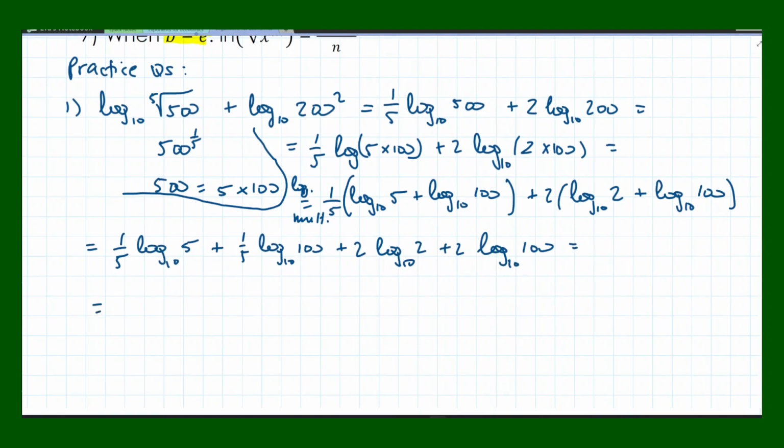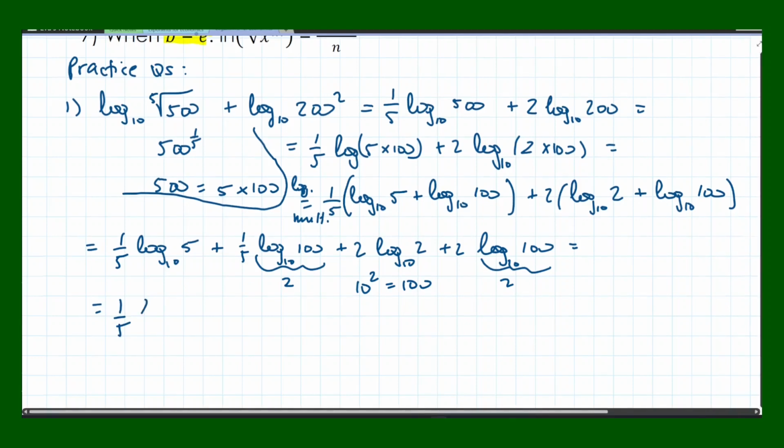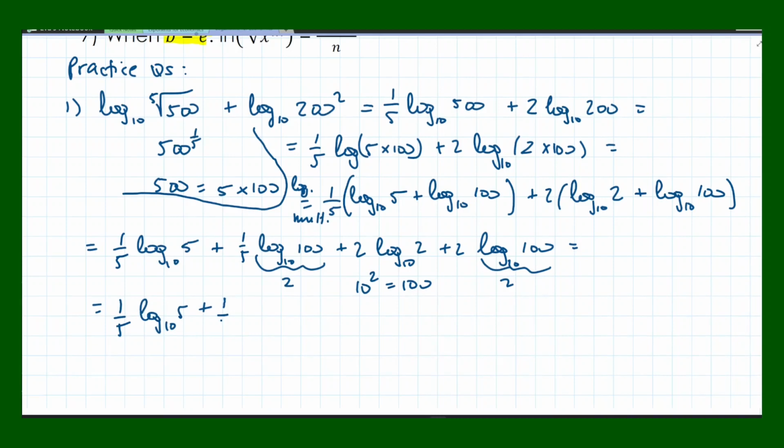Now, in each case, the log base 10, 100 can be replaced by 2. And again, I can do that because 10 squared is equal to 100 and the log is always looking for the exponent. So I've got 1/5 log 10, 5 plus 1/5 times 2 plus 2 times log base 10, 2 plus 2 times 2.